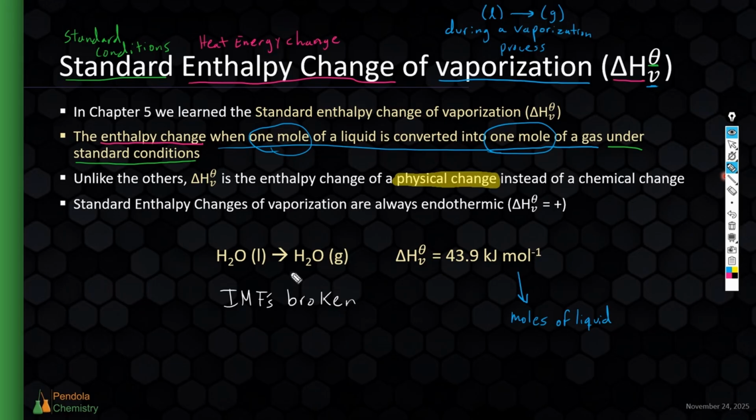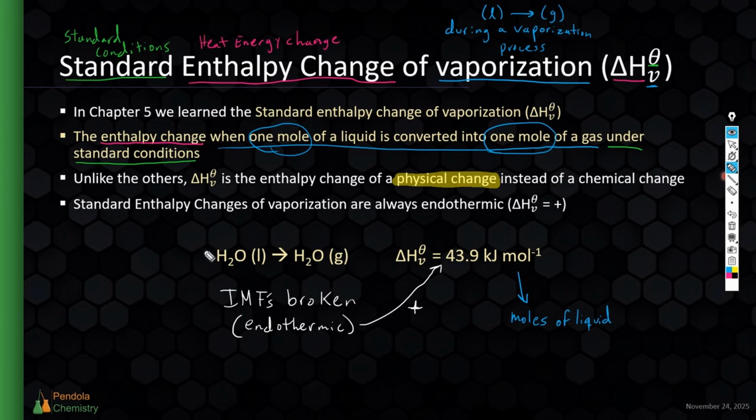Particularly because we're looking at water here, hydrogen bonds are being broken to turn the water from liquid to gas. Because we need energy to break a bond or an intermolecular force, this process has to be endothermic. And that can be seen here because this enthalpy change is positive. Because enthalpy change is positive, we see that this is an endothermic process, which makes sense.